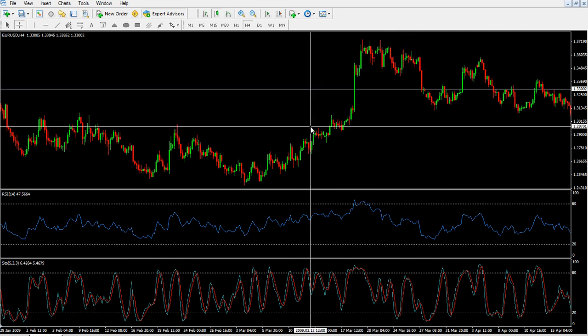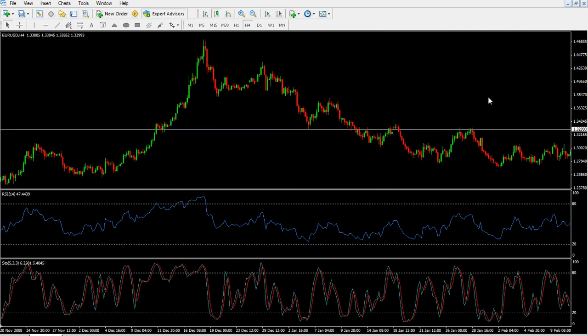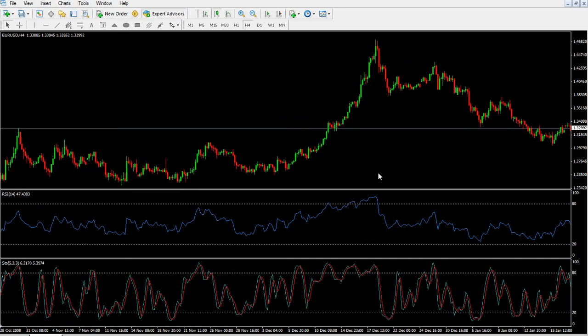So we can go back and back at the price chart to find those interesting moments, like here, for example, when the stochastic was very overbought and the RSI crossed this line aggressively and stayed there for a while, and the market really was overbought at this point, so it had to move back.